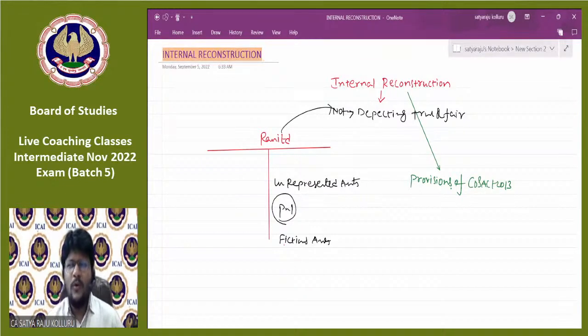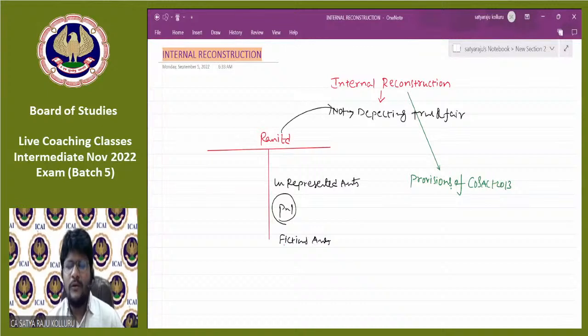One more disadvantage of internal reconstruction is that if the court decides to put "and reduced" after the completion of internal reconstruction, they need to add it while preparing the financial statements, especially while presenting the balance sheet.